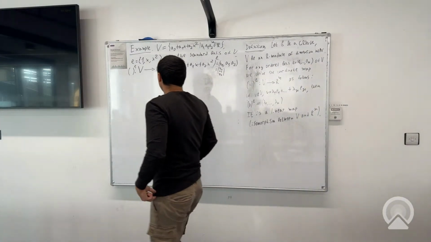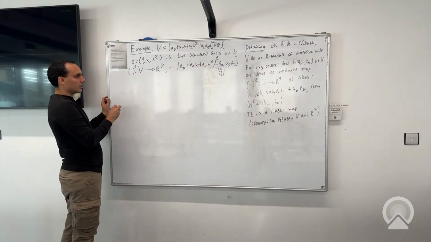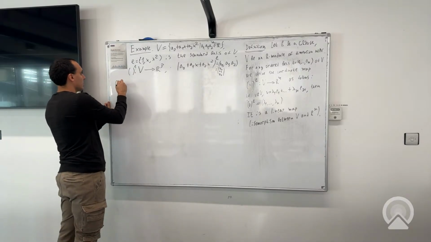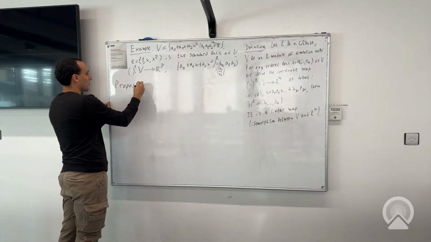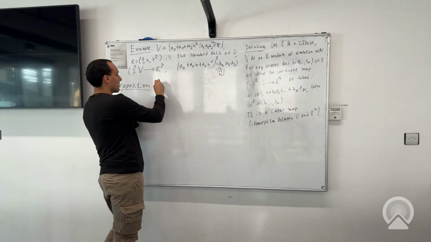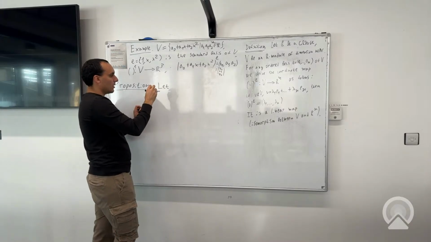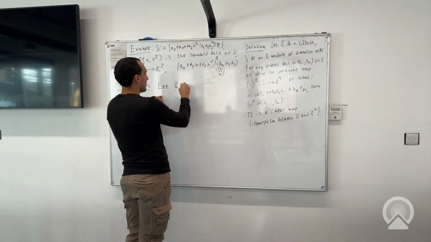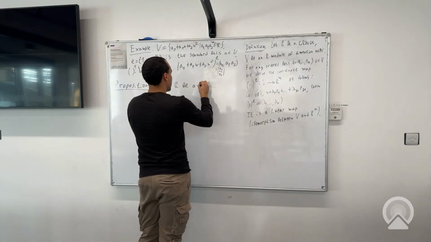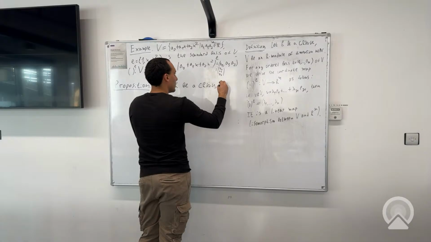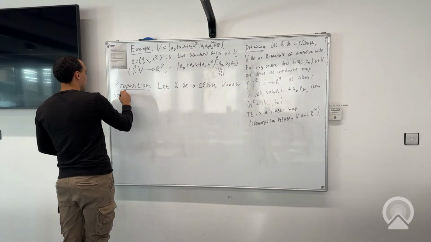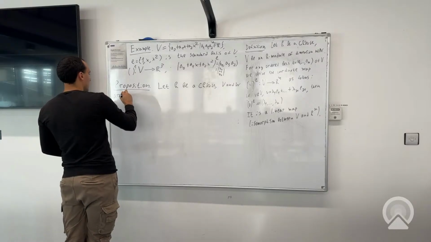So first, let's give some kind of mixture between definition and proposition. Okay, proposition. Let V and W be R modules.